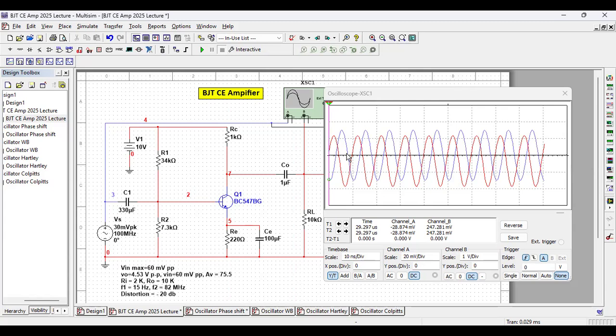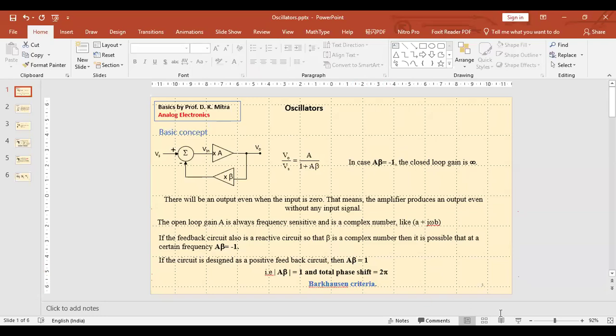If you agree to this, then we shall go back to our original PowerPoint presentation. Now you can see the PowerPoint presentation.